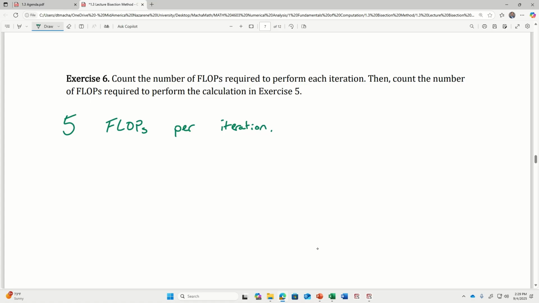And then, what's the number of flops required to perform the calculation from exercise 5? Well, now we need to know how many iterations are required. And in exercise 5, we were saying that we want to be within plus or minus 0.001 for my absolute error this time.